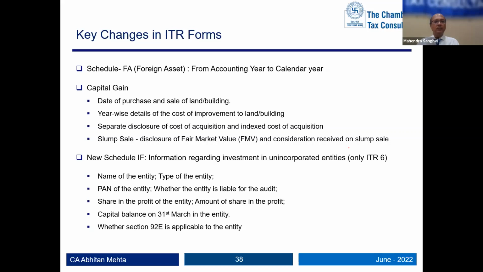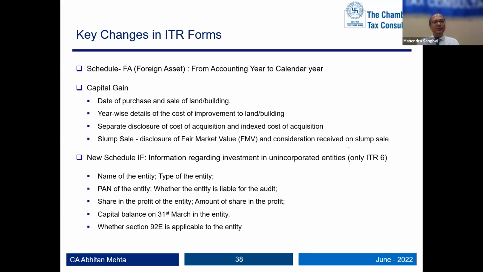An LLP is an incorporated entity. So if you are a partner in a partnership as well, unless the CBDT instruction says otherwise, it is an unincorporated entity and would be covered. You have to cover the name of the entity and the type of the entity. Possibly if there is a drop down on type of entity, we may know what entities they have, unless they have a residuary of other entities.